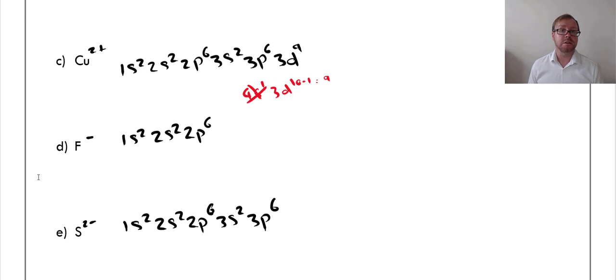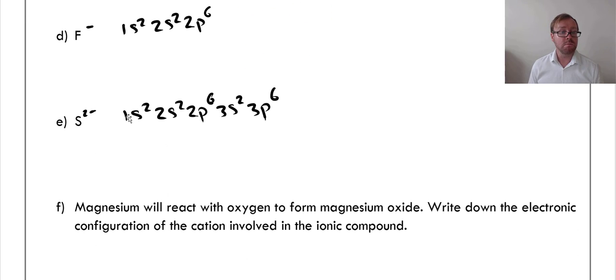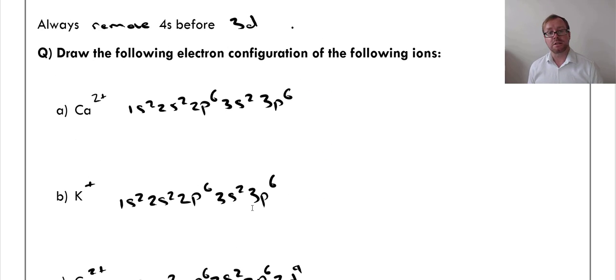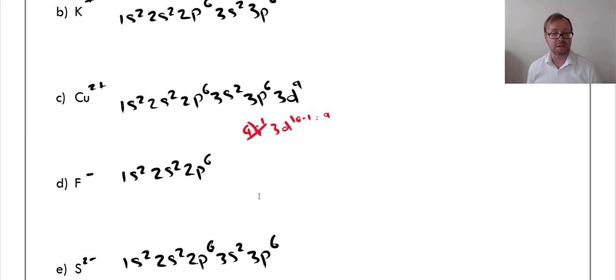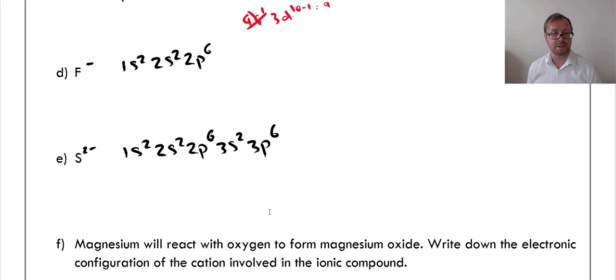F minus, so we're now adding electrons, so it was 1s2, 2s2, 2p6, and S2 minus, 1s2, 2s2, 2p6, 3s2, and 3p6. You may notice that if you look here, 3p6, 3p6, 2p6, 3p6.